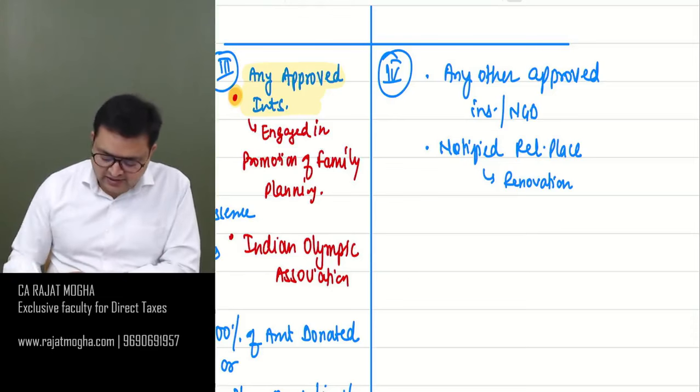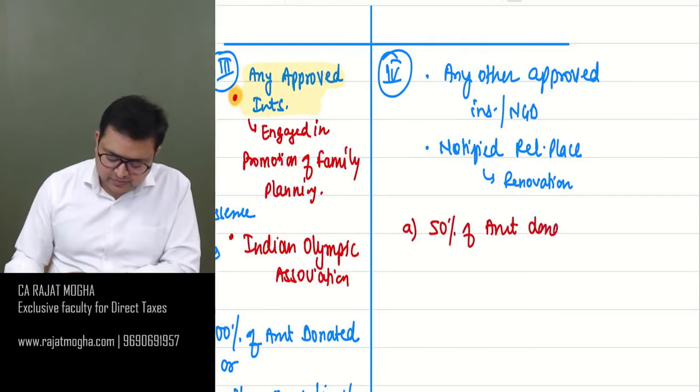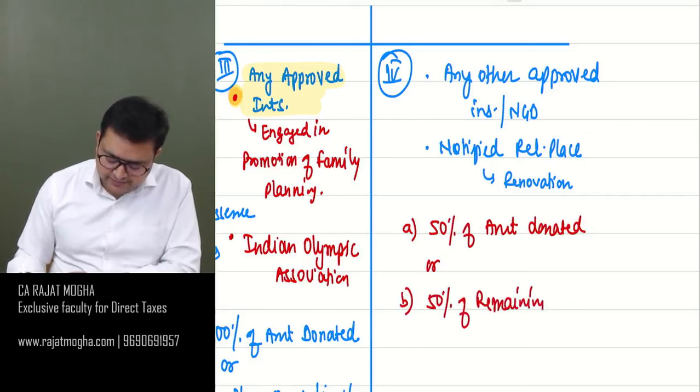So in the fourth category, it is A, 50% of the amount donated, or B, 50% of the remaining qualifying limit.